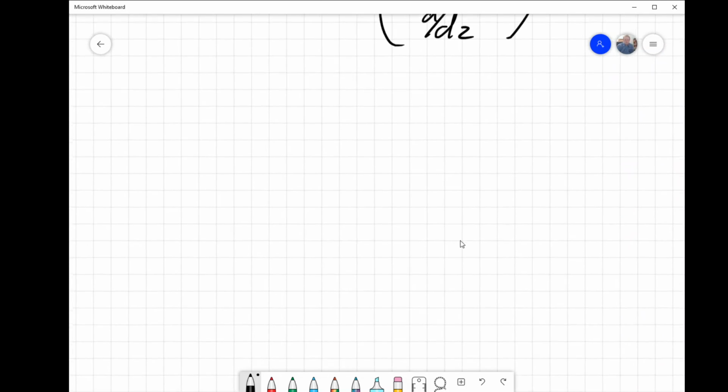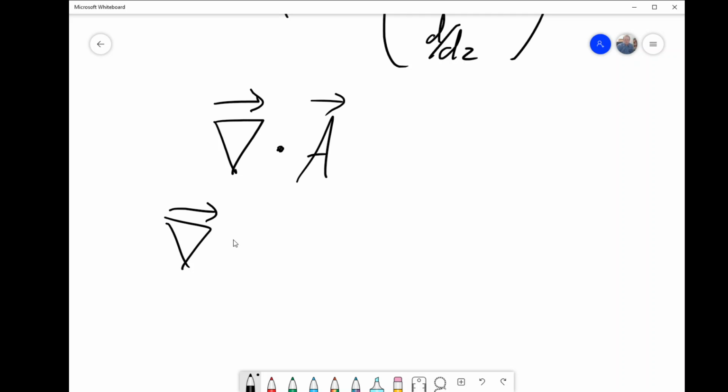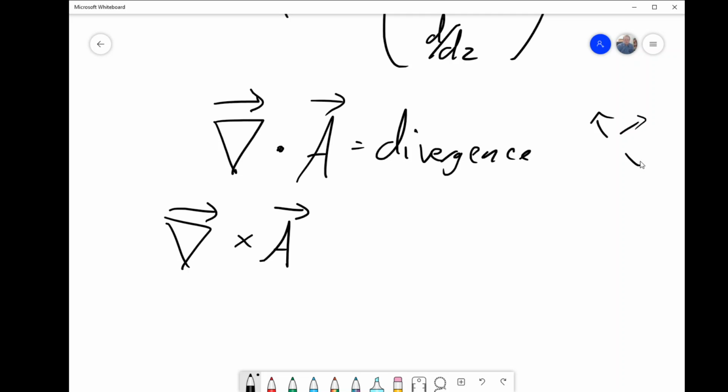What's most important is the way that they interact with fields, because we can take this as a product in 2 different ways. If we take it as a vector product, the first one, with the dot product, is called the divergence, because it really measures how quickly this vector field diverges from the origin.